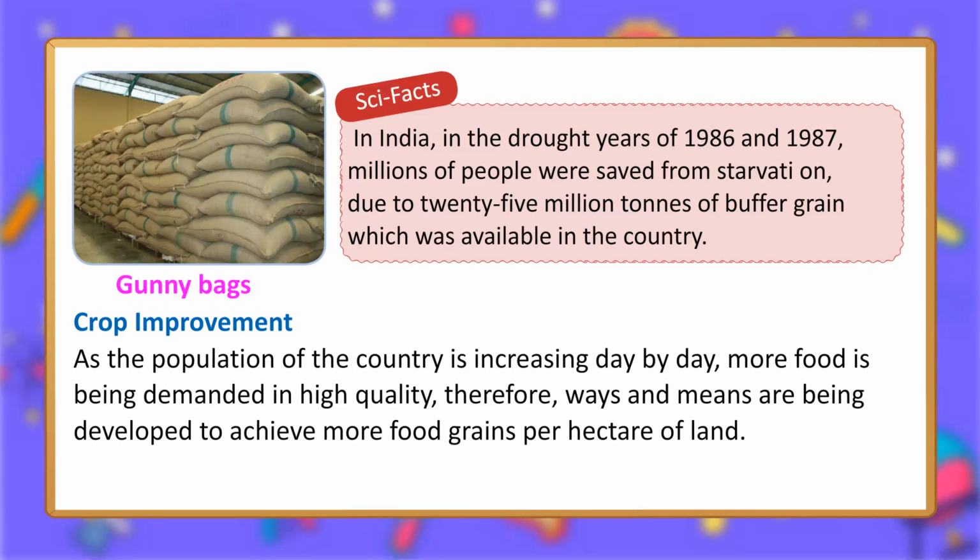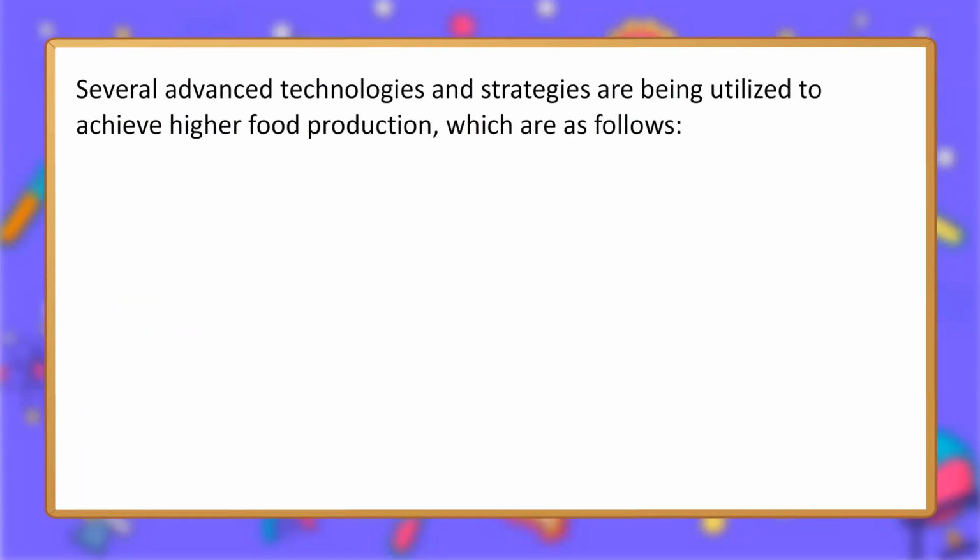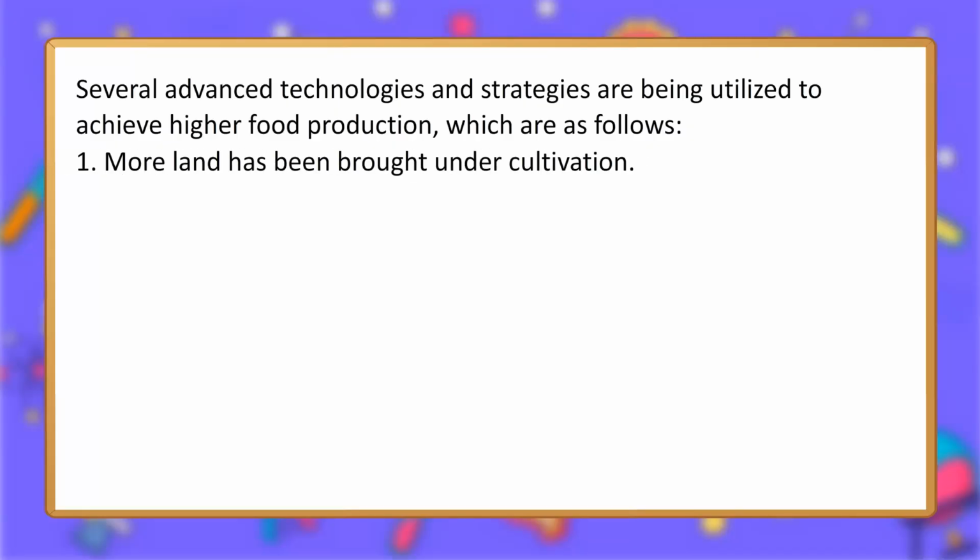Crop improvement. As the population of the country is increasing day by day, more food is being demanded in high quality. Therefore, ways and means are being developed to achieve more food grains per hectare of land. Several advanced technologies and strategies are being utilized to achieve higher food production, which are as follows. 1.